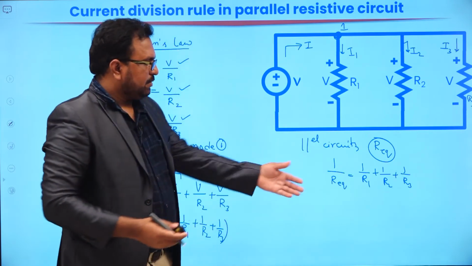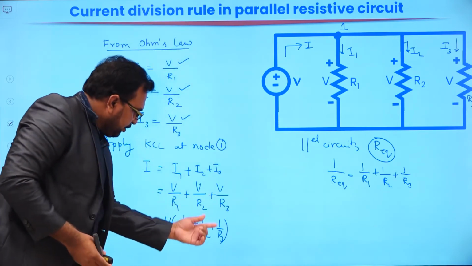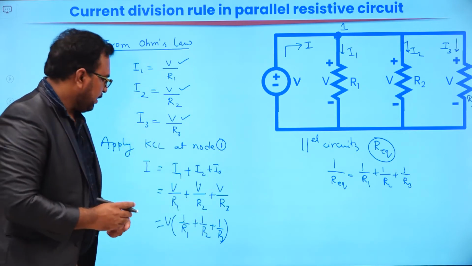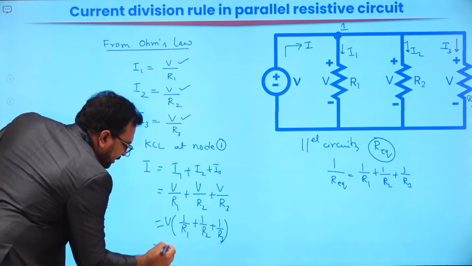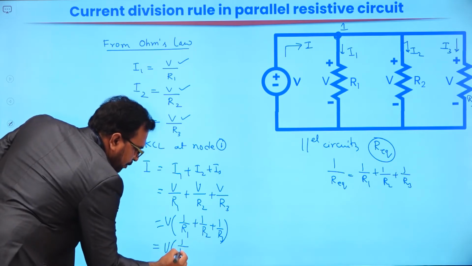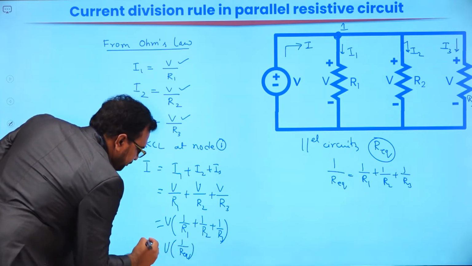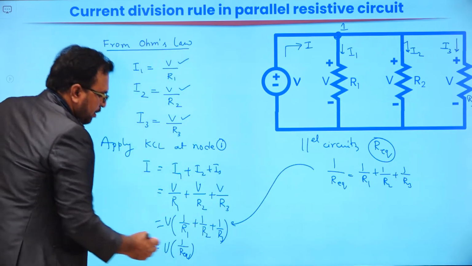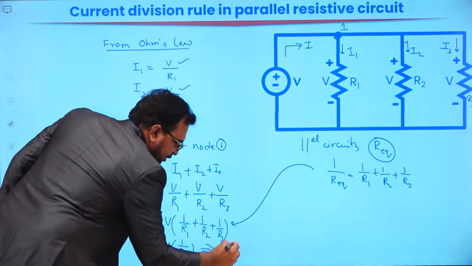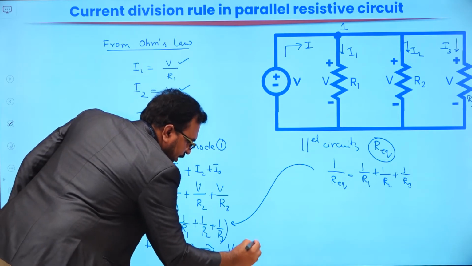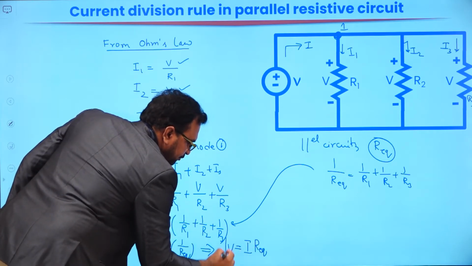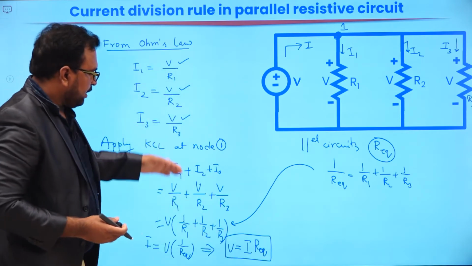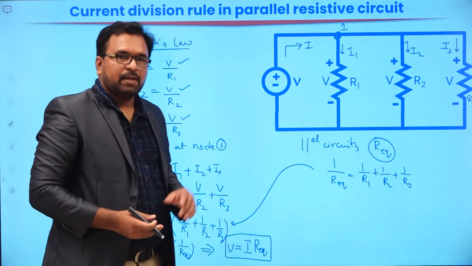So in this expression, you can replace 1 by R1 plus 1 by R2 plus 1 by R3 with 1 by R equivalent. The expression becomes V into 1 by R equivalent. From this, we can write V equals I into R equivalent. So by applying Ohm's law and KCL, we derived V is equal to I into R equivalent.